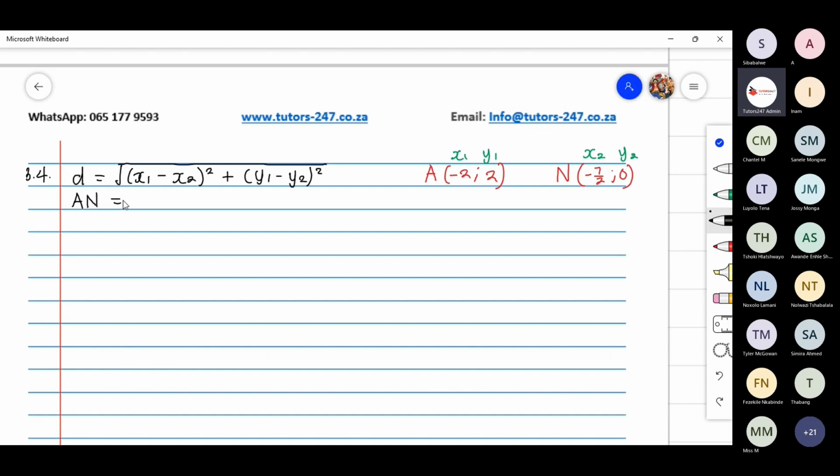Don't leave out the root sign because that will affect your final answer. So bring down your root sign. Substitute x1 is -2 minus x2 is negative 7 over 2. So I'm going to make this a squared bracket instead of a rounded one.